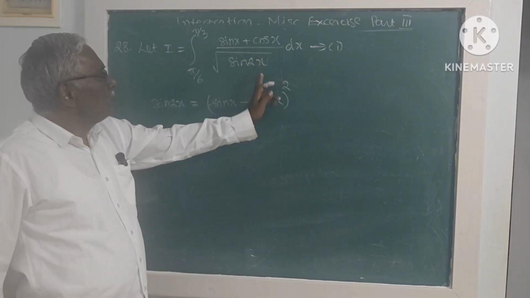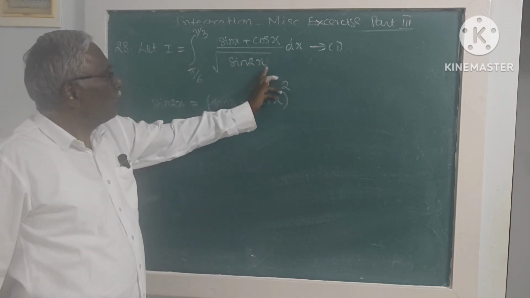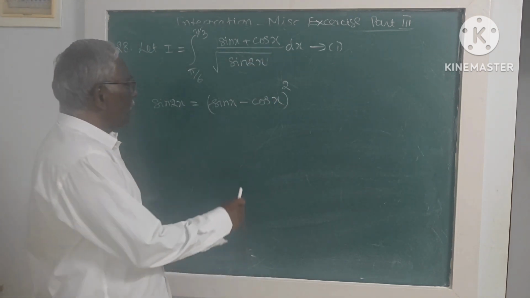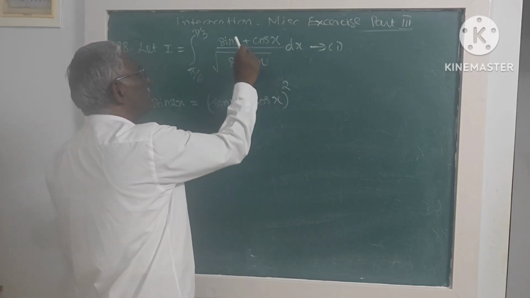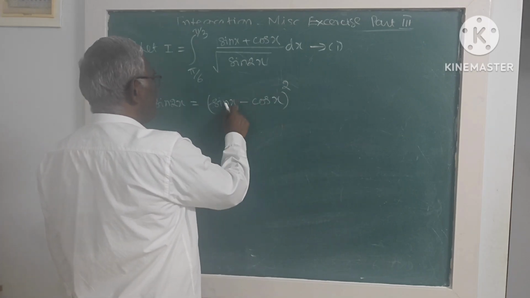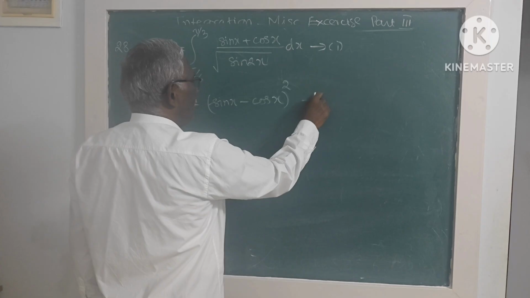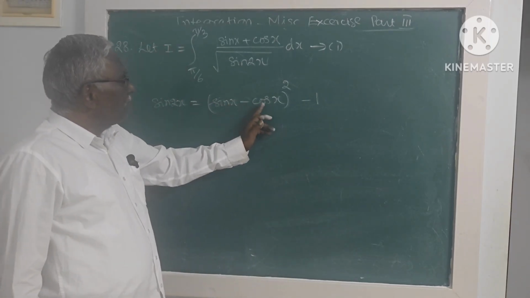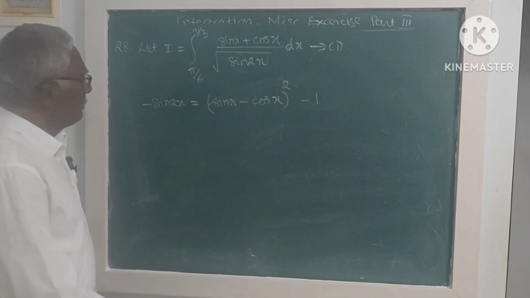Sin x plus cos x is there in the numerator. So here I want to write the sin x minus cos x form, so that if we differentiate sin x, cos x comes. If we differentiate minus cos x, sin x will come. Now if I expand this, what will come? Sin square x plus cos square x is 1, so that is minus 1. Then minus 2 sin x cos x, so minus we have to put here.